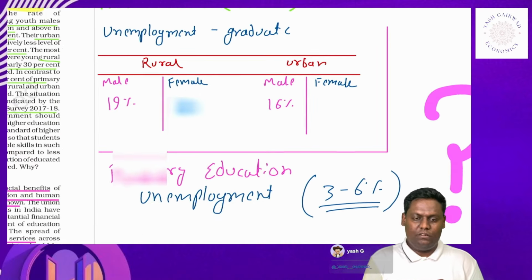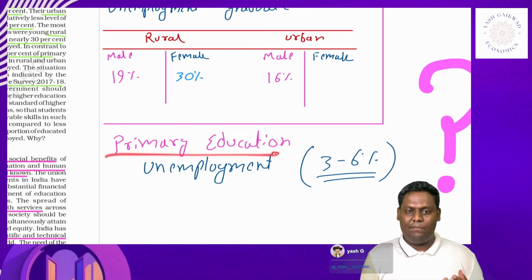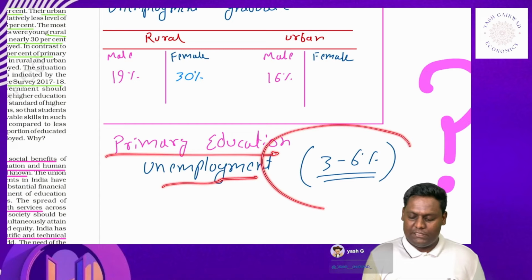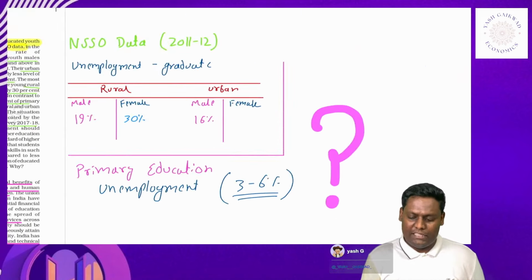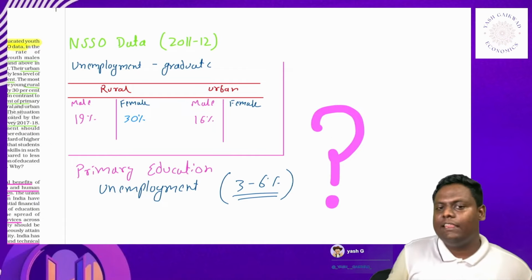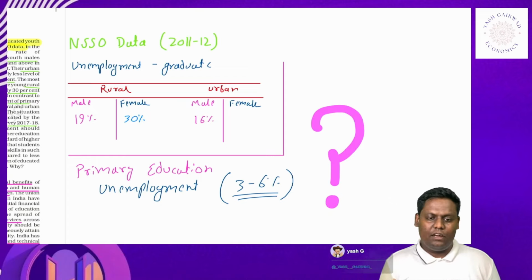But now let us look at the people who have only completed their primary education and are unemployed. This percentage falls at roughly 3 to 6%. Now, why is there such a startling difference, when we have clearly seen that more education results in better earning opportunities?